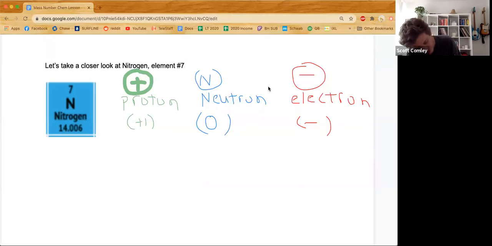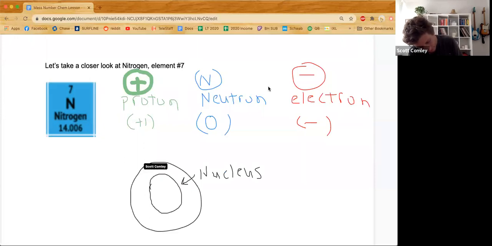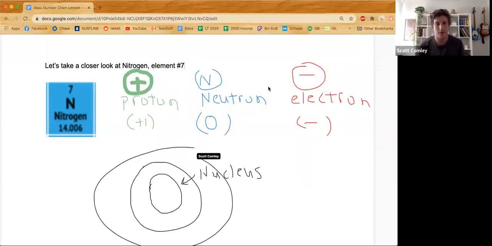Okay, so let's take a quick look at nitrogen. I'm going to draw this down here. The center is called the nucleus. And then everything surrounding that is going to be our electrons, like concentric circles around it.